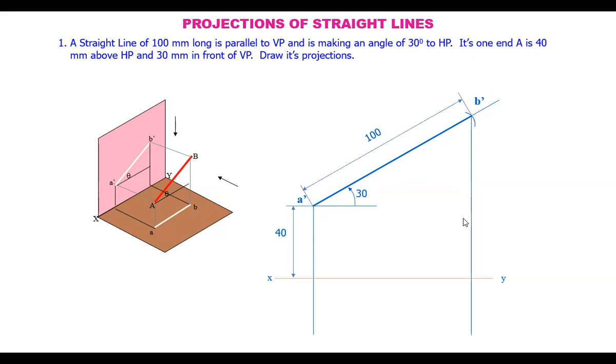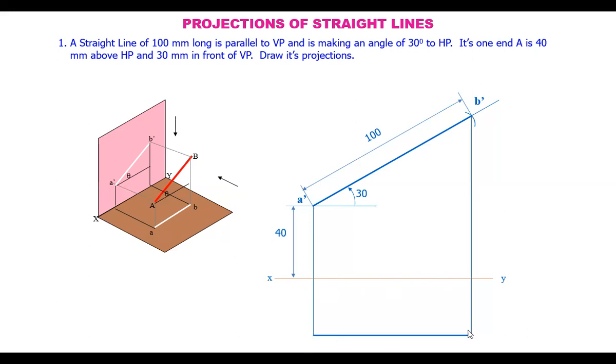From here, drop a projector onto the reference line and extend these projectors from A dash and B dash. The top view is parallel to the reference line because the line is parallel to VP, and it is at a distance of 30 mm from the reference line.